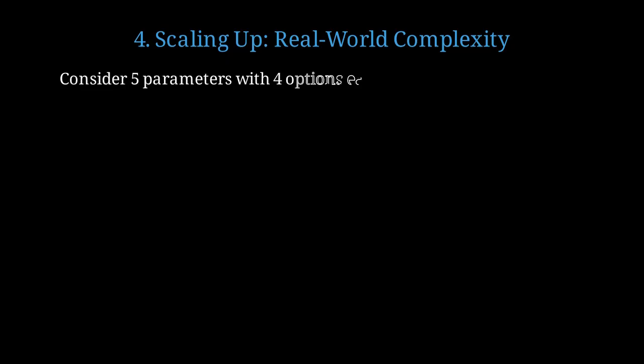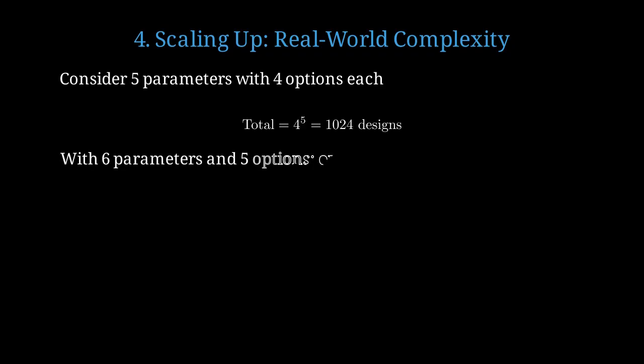Let's scale up. Consider a more realistic scenario with 5 parameters, each having 4 distinct options. Now we have 4 to the 5th power, which equals 1024 distinct design concepts. The design space expands rapidly. If we have 6 parameters with 5 options each, the number jumps to 5 to the 6th power, which is over 15,000 design concepts.